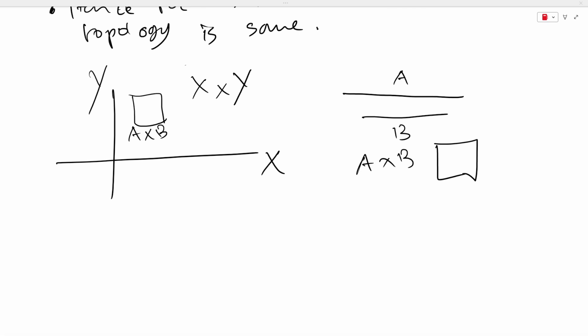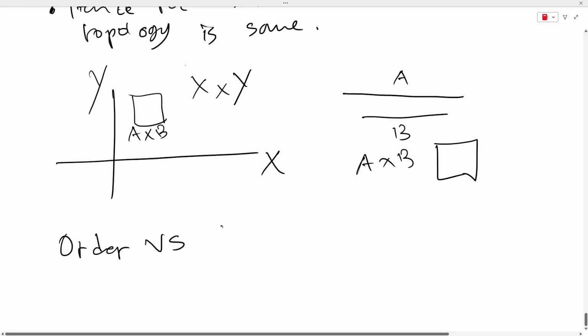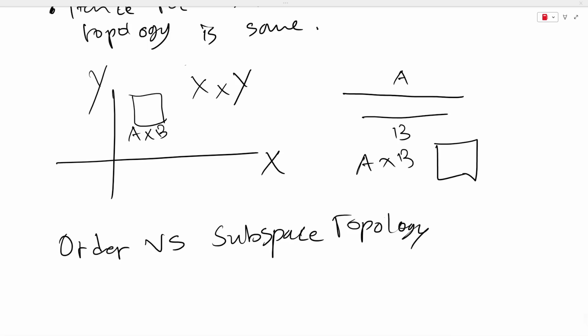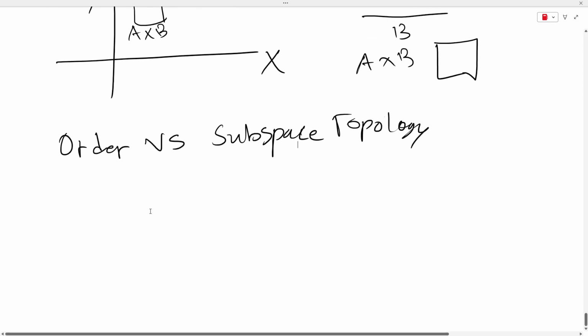So now let's look at the difference between the order topology and the subspace topology. Order versus subspace topology.